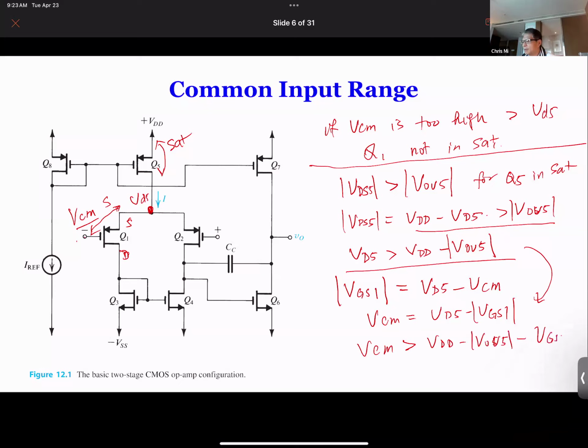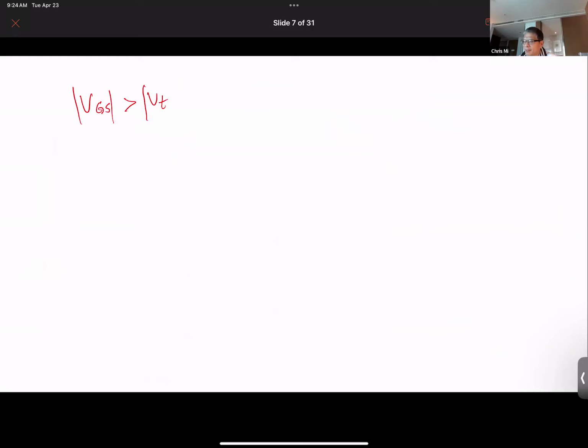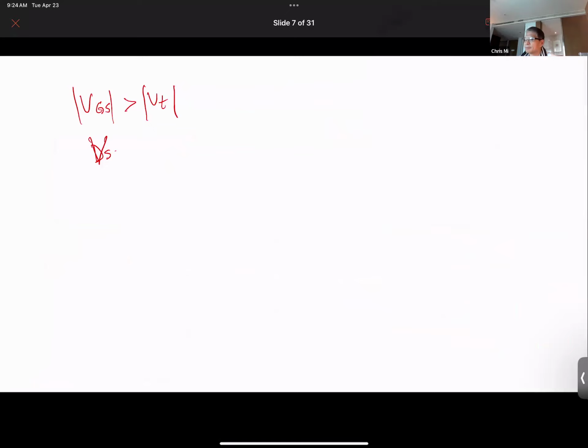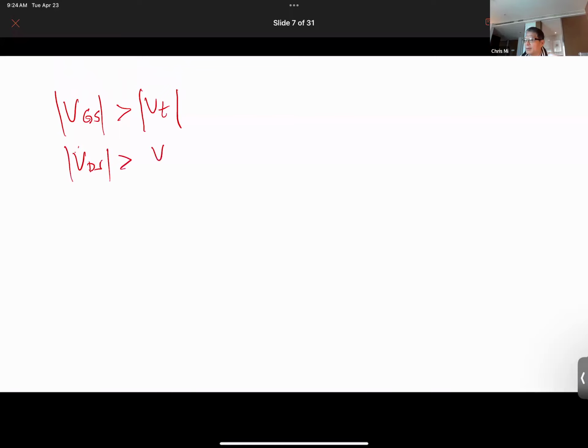For any transistor, we know that the condition is VGS has to be larger than VT. For PMOS, we can use again absolute value, and VDS has to be larger than VGS absolute value minus VTP.